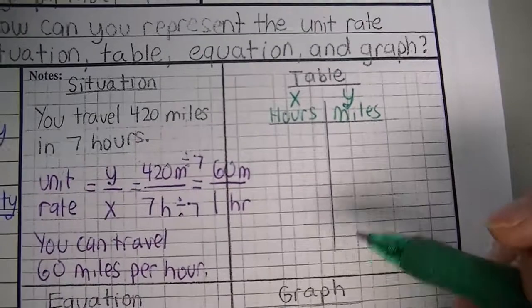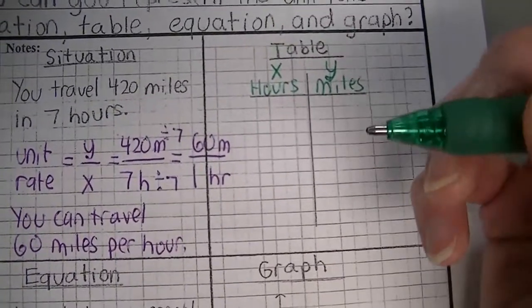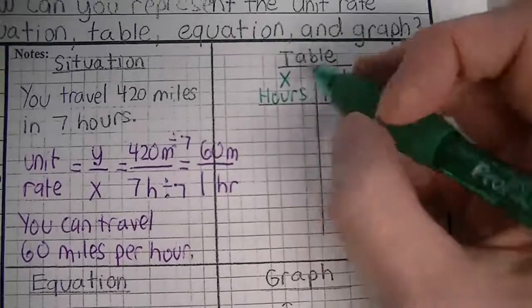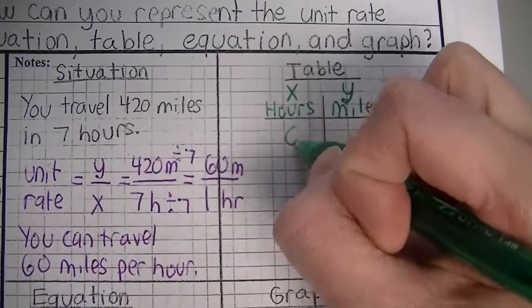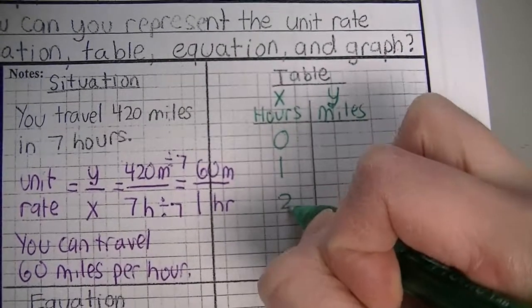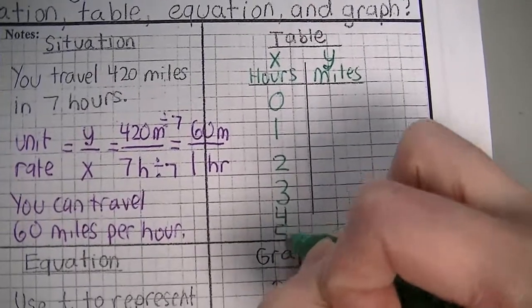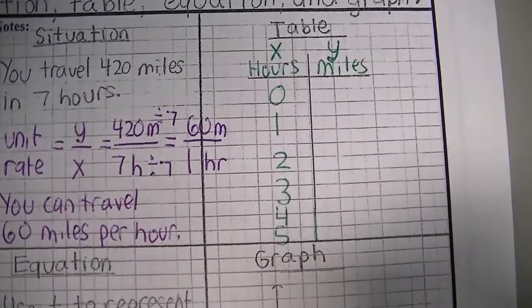Okay? So now you see that there's no numbers right here. I'm just going to go ahead and have you use the numbers 0 through 5, okay? So let's put 0 hours, 1 hour, 2 hours, 3 hours, 4 hours, and 5 hours. Sorry, I kind of ran out of room right there.